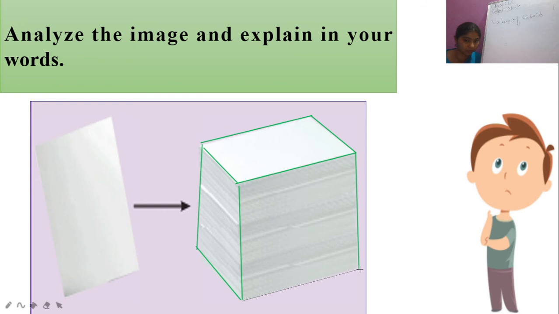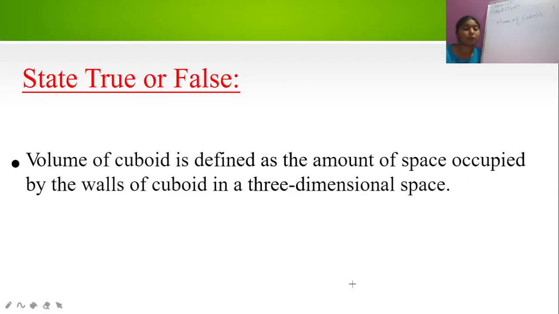Now students, it's a true or false question. The volume of a cuboid is defined as the amount of space occupied by the walls of a cuboid in 3-dimensional space. Is it a correct statement? Is it true or false? So let's make a cuboid in front of you.